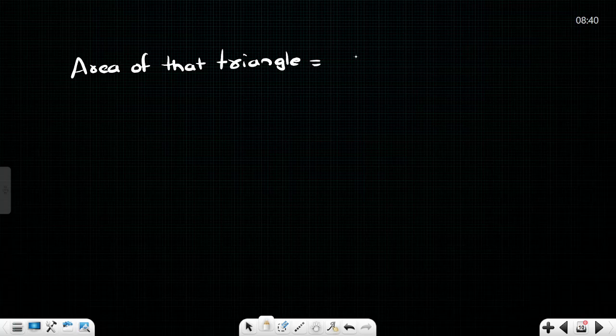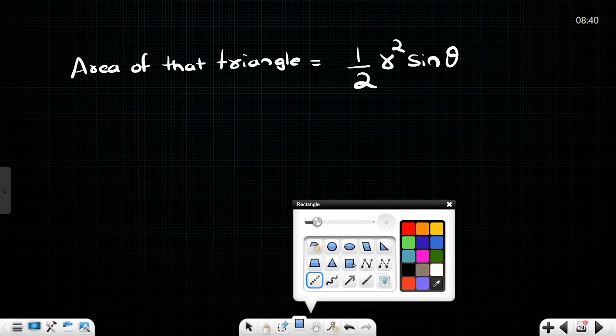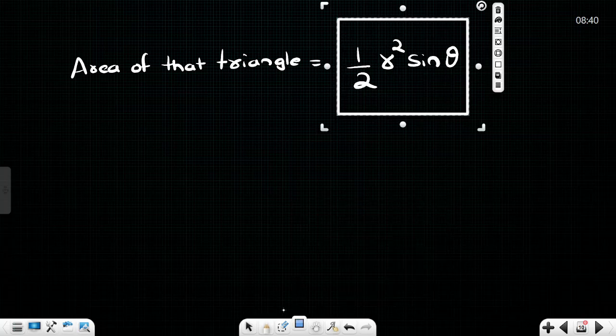Finally, area of the triangle is equal to half r square sin theta. This is an important formula. In future it will help you a lot, Akshita. Please make a note of it. Very, very important.